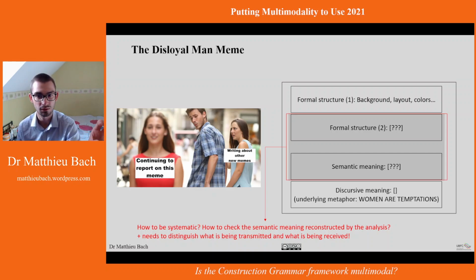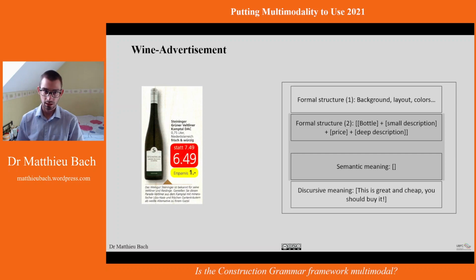How do you describe from a formal perspective this picture and this meme? Because as I said, you have the pictorial structure, but you also have the textual structure. How do you encode that? That's an open question. If I take the wine advertisement example that I showed you previously, you also have the formal structure with background layout and colors, and as I said, it's really stabilized.